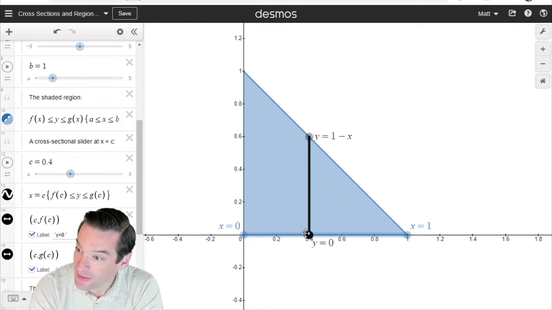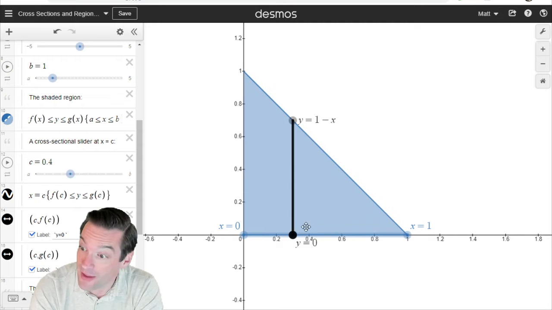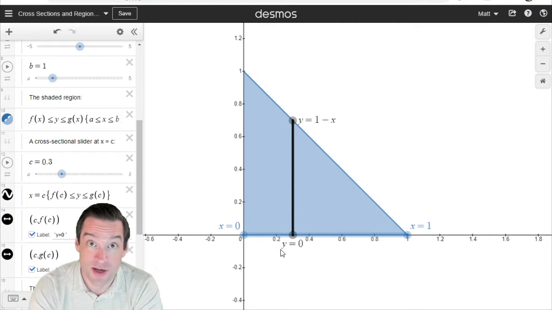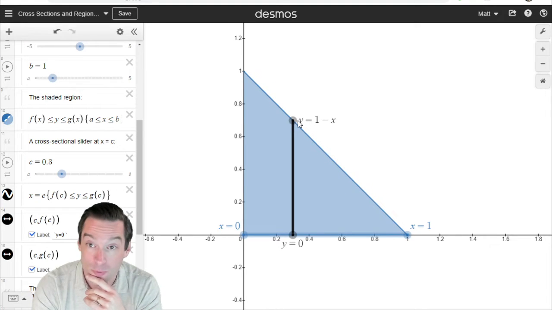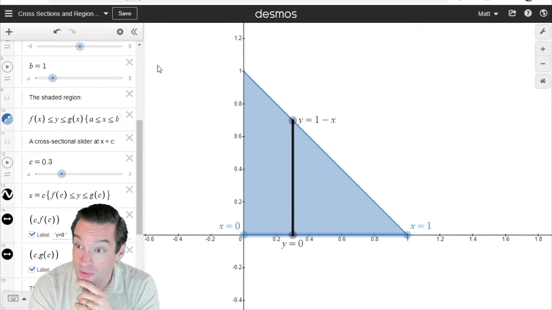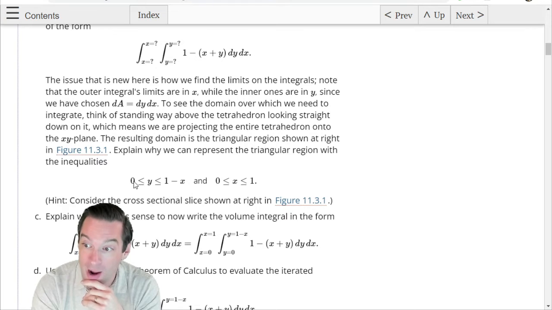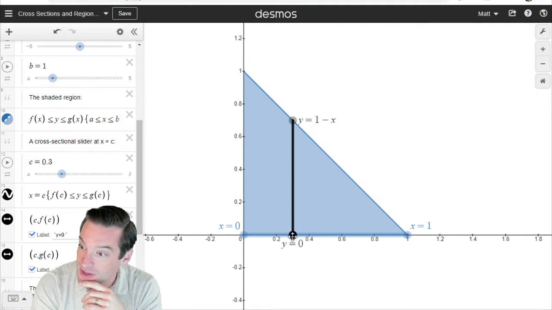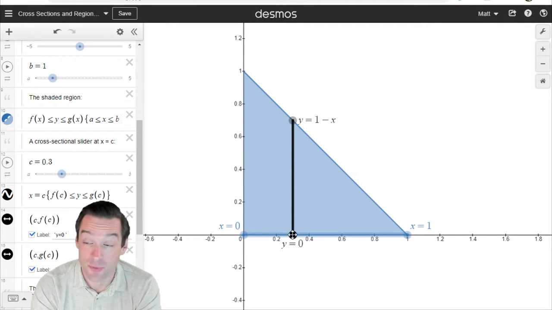So if I take a vertical slice, a vertical cross section of this, then the bottom edge of that cross section is going to be on the graph y equals 0, and the top edge is going to be on the graph y equals 1 minus x. And that is where the first of the inequalities in this problem comes from, right? y ranges between 0 and 1 minus x. And then once I've decided what y should be ranging between, I just need to figure out what x ought to range between.